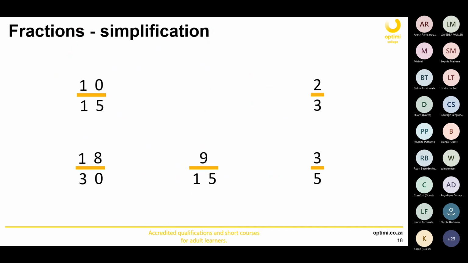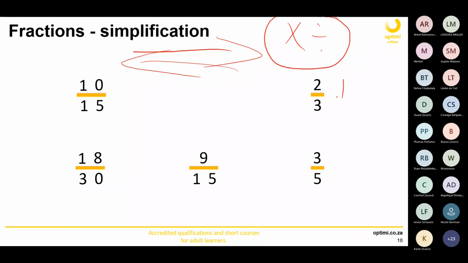Now, simplification. The first thing you need to know is that simplification works both ways. What you need to know at this stage as well is that multiply and divide go together, as plus and minus go together.